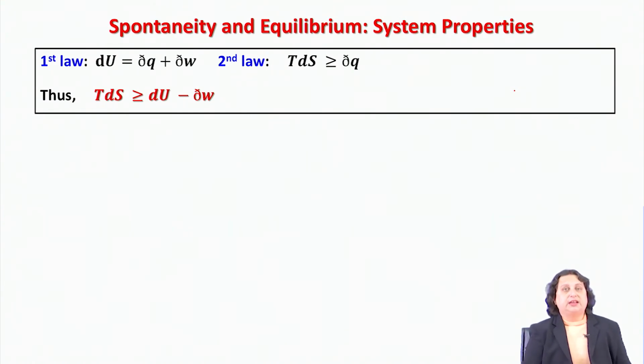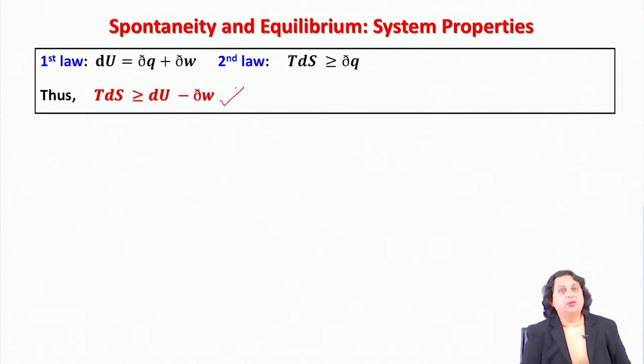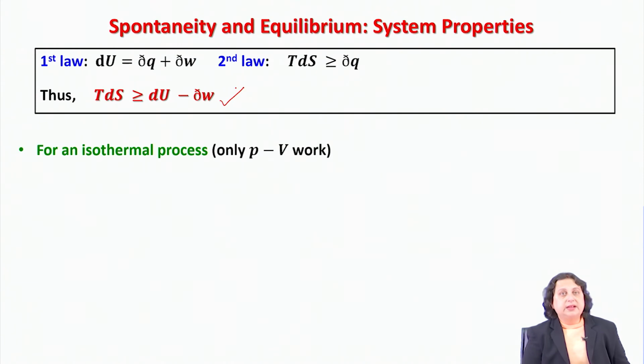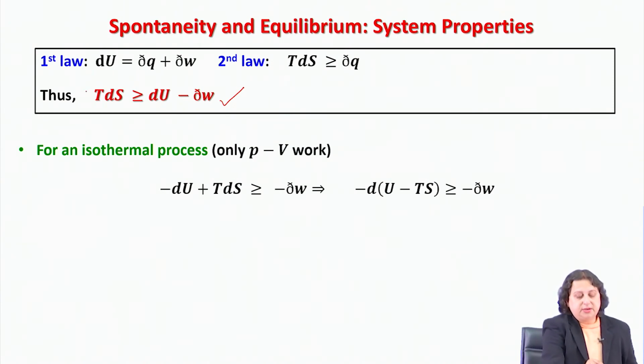Now, if I go back and use the combination of the first law and the second law of thermodynamics, we can always say that TdS is greater than or equal to dU minus dW. Now, if I consider an isothermal process where there is only pressure-volume work, I can bring dU to the left-hand side, and from the right-hand side I take TdS across.